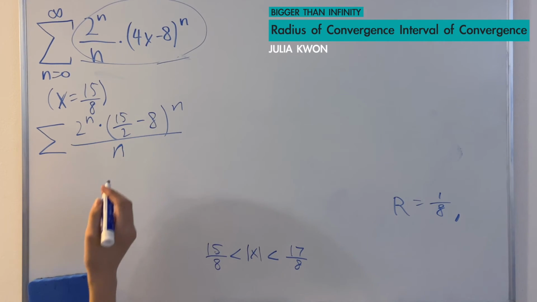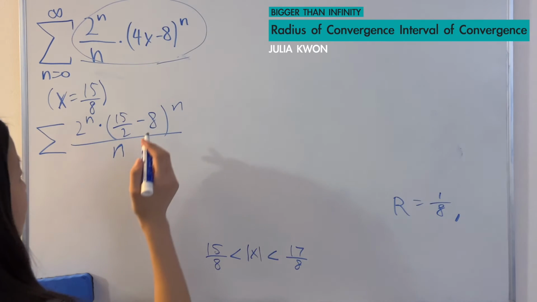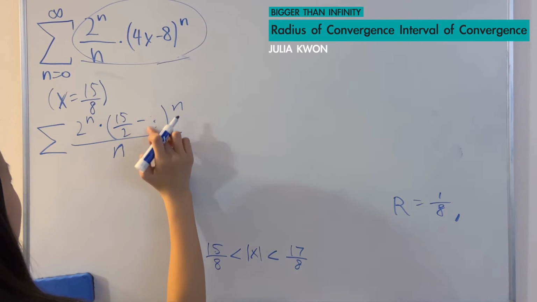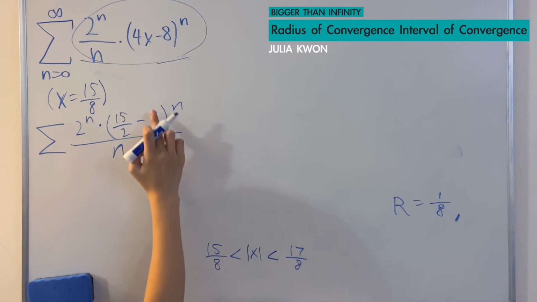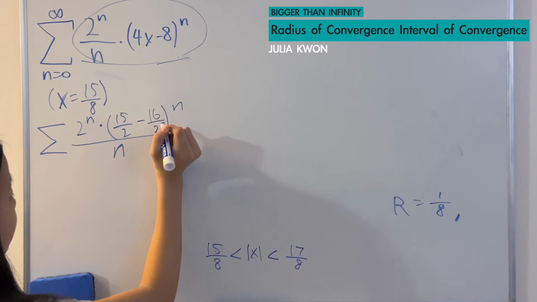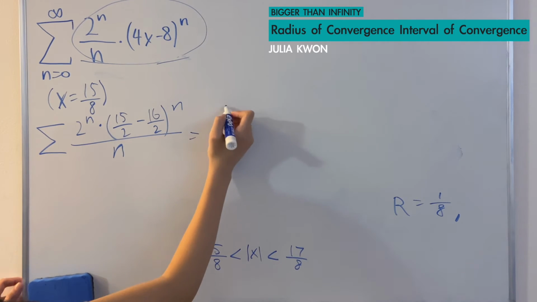So this will be our new series. Let's calculate this. 15 divided by 2 minus 8, where 8 is 16 divided by 2.